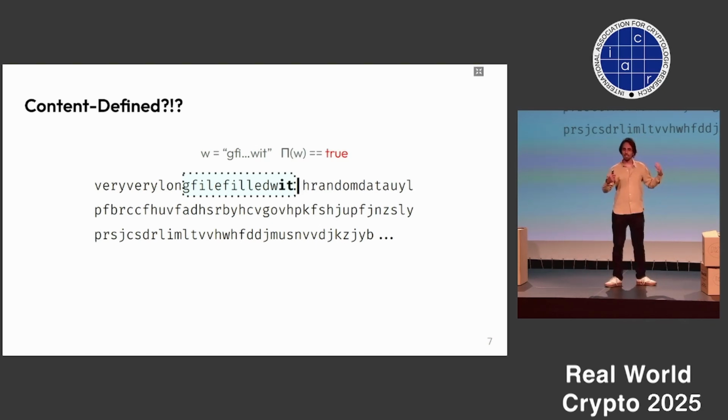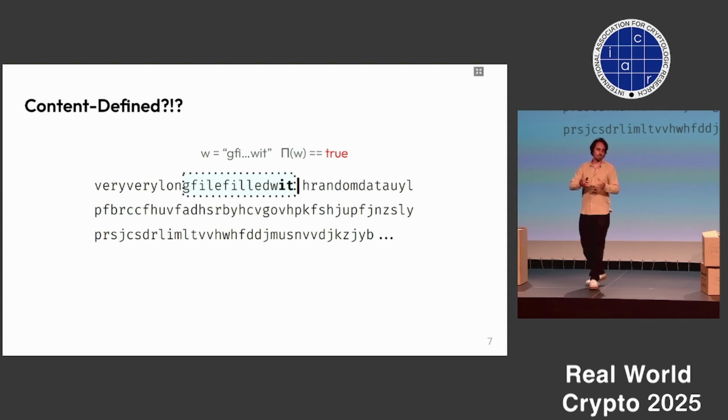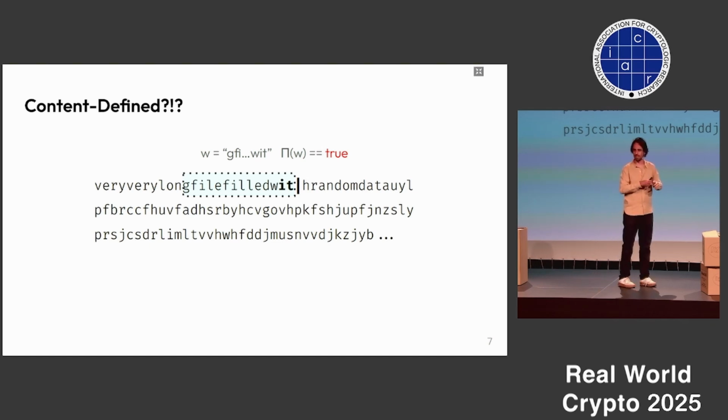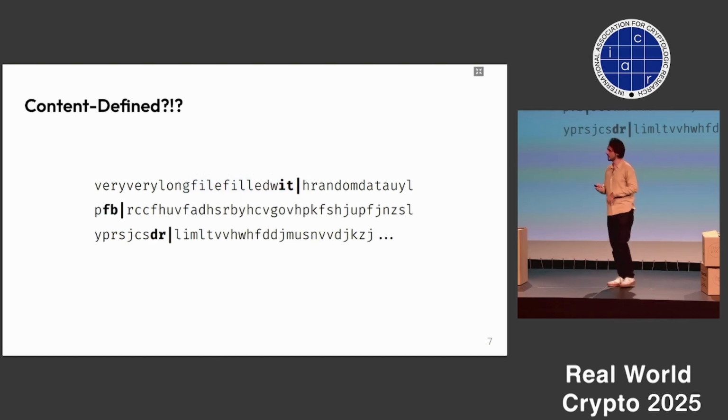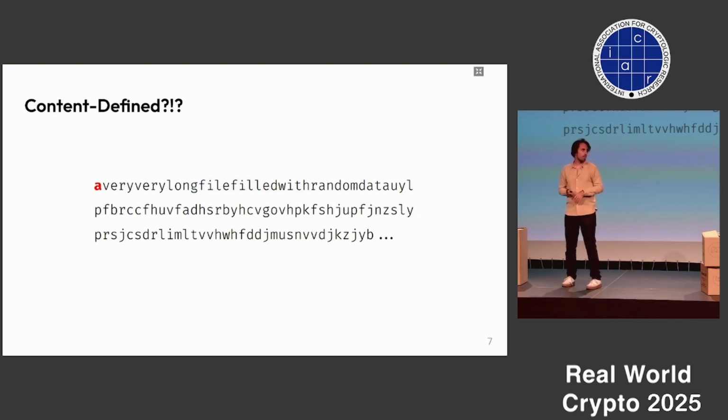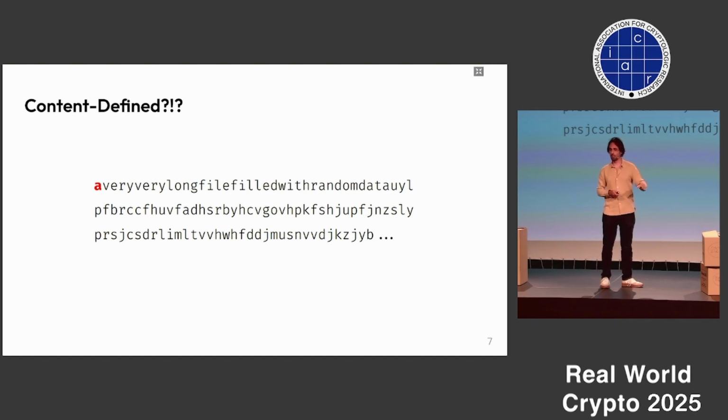And as you can probably see, now the chunk boundary does not depend on the entire chunk being cut, but just on a local amount of bytes. Okay, so we keep doing this for all the other bytes in the file. And now let's try to do what we did before. Let's prepend a single byte to our file.